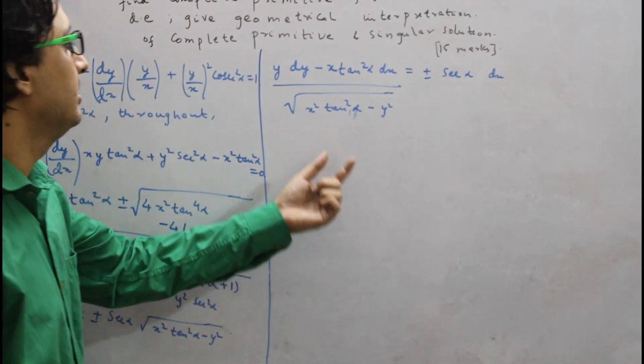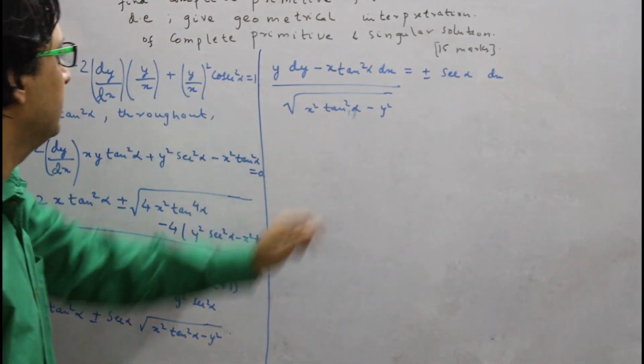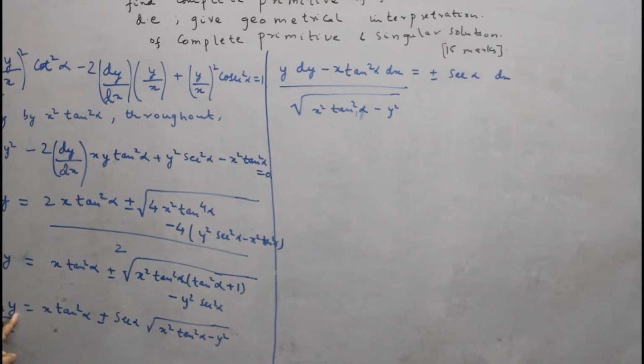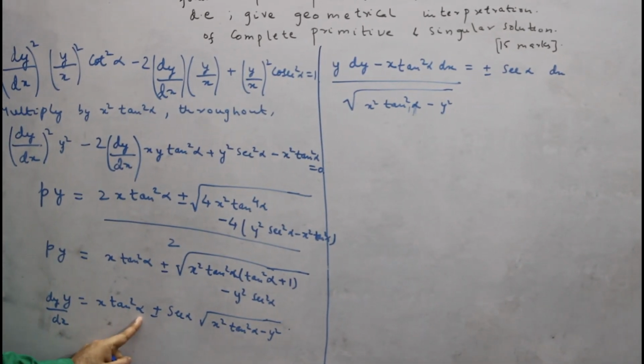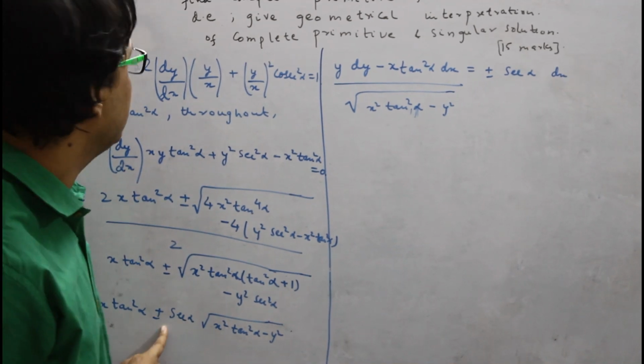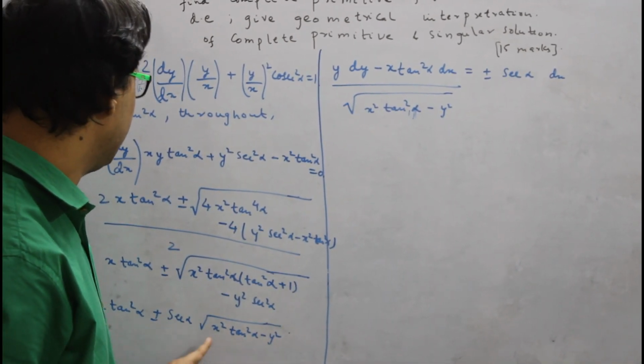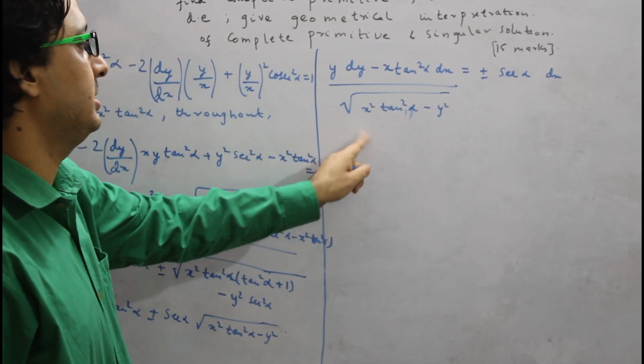Alright, so we can see here we have taken on this side y dy minus x tan square alpha, and we have kept this one as constant plus minus, and sec square dx is taken, and this is taken in the denominator.